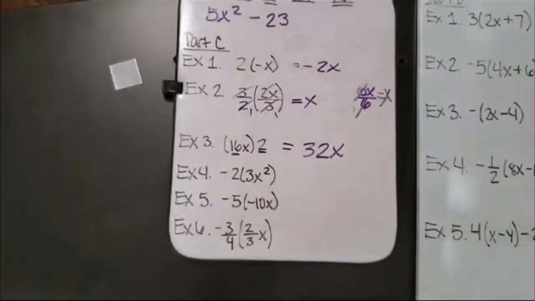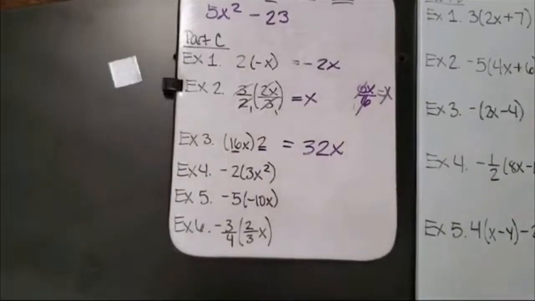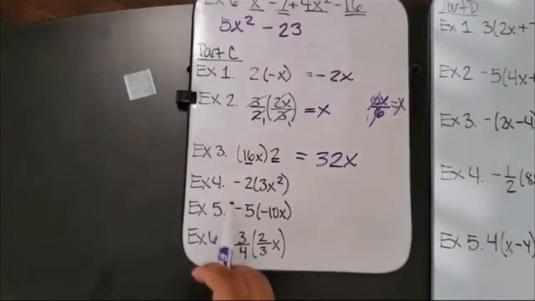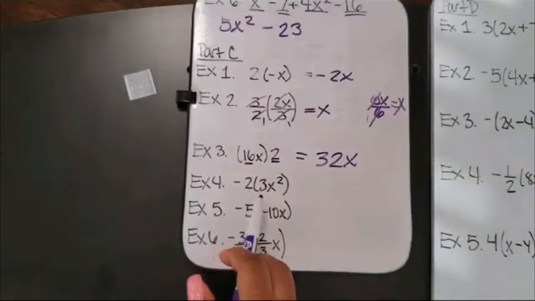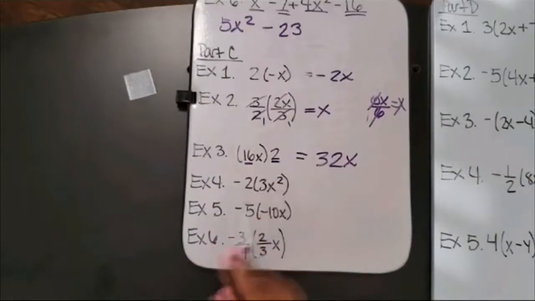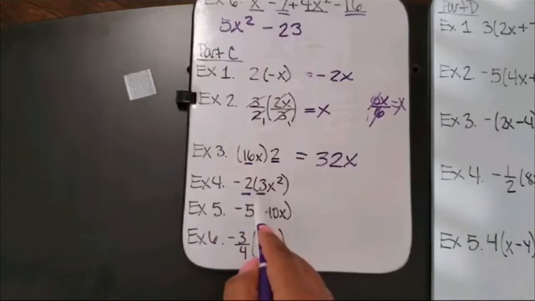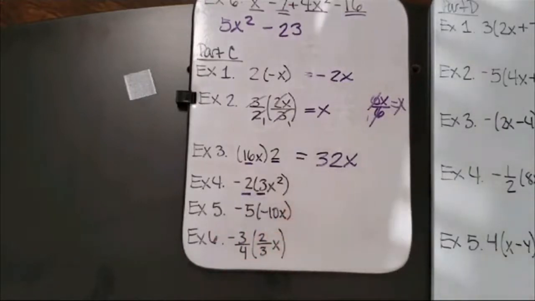So for number 4, we have negative 2 times 3x squared. So what we're looking at is the negative 2 and the 3, okay?